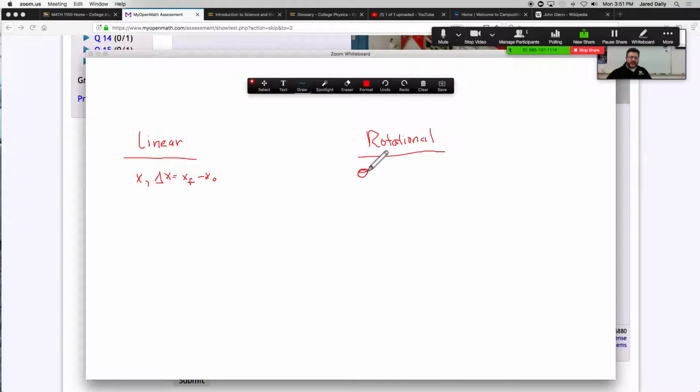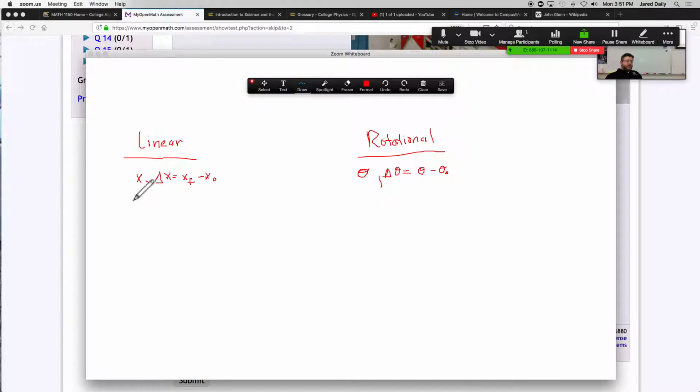In rotational, we talk about rotation, so we talk about the angle theta that you're at, where theta is measured from some axis, so maybe from the x-axis. And then you can have a change in angle. You start at one angle and rotate to another angle, where a change in theta is your final theta minus your initial theta. Right?